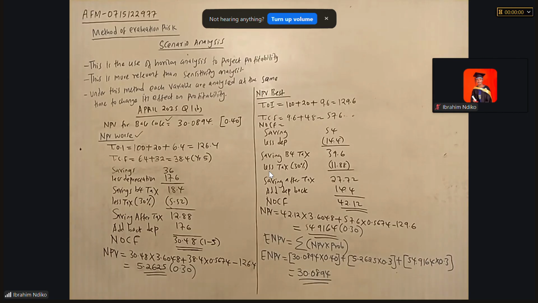Hiyo tutakuwa tumemaliza topic 1 kesho yote full. Sawa. Sasa make sure you write notes on decision tree na simulation so that tomorrow tuanzie hapo. Sawa. Sasa good night. Okay, good night.